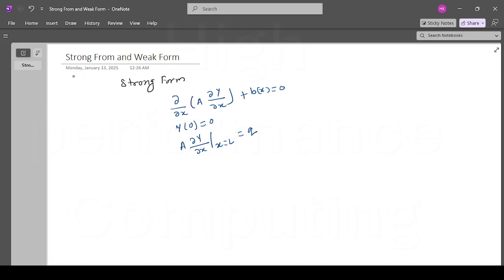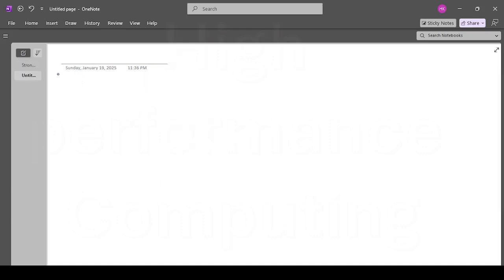Now come to the weak form. As I told you, the weighted integral of the strong form is called the weak form relation.